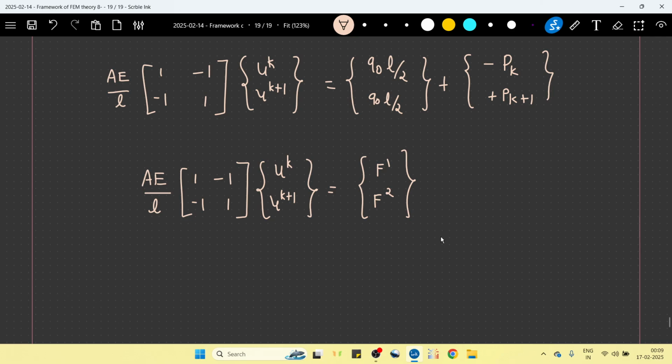Forces at node 1, sorry, it should be FK and FK plus 1, where F of K is Q0 L by 2 minus P of K, and F of K plus 1 is equal to Q0 L by 2 plus P of K plus 1.